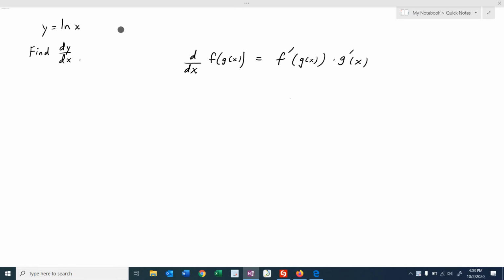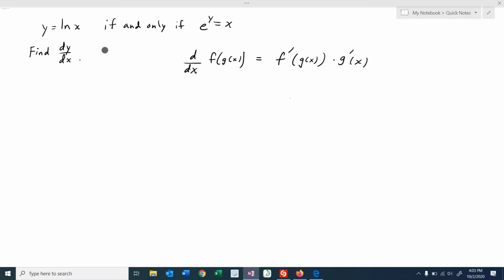So remember, y is equal to ln of x if and only if e to the y is equal to x. That's because if you switch the input and the output, in other words, the x and the y, then you need to use the inverse function.